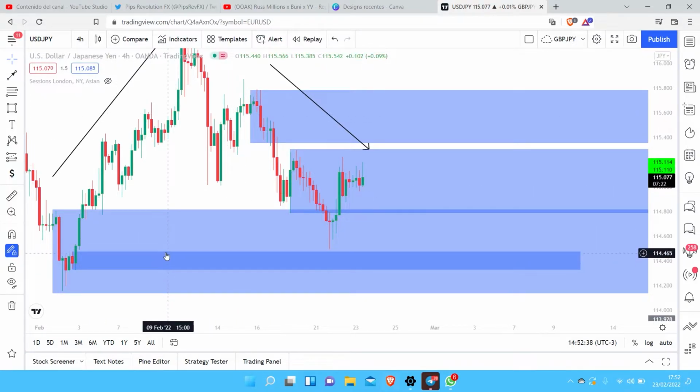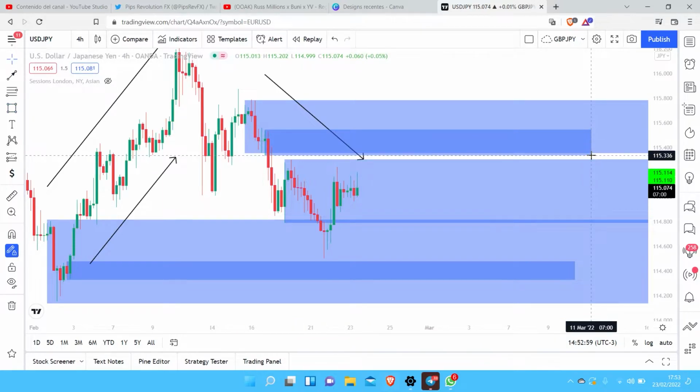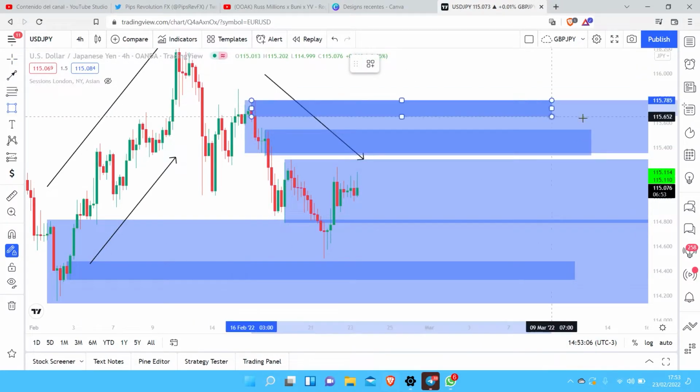In this case I can see there's an order block here before this impulse movement, and I can see that in this area we have two order blocks. We have this one before the impulse movement, and we have this one.